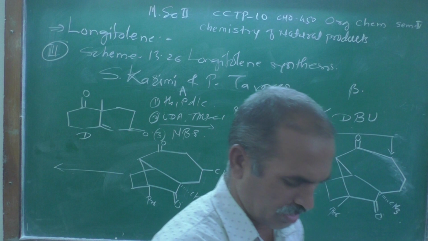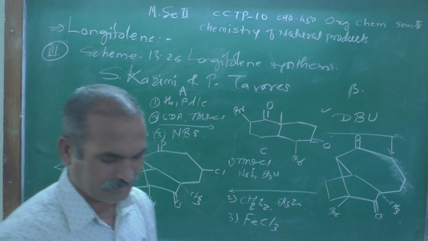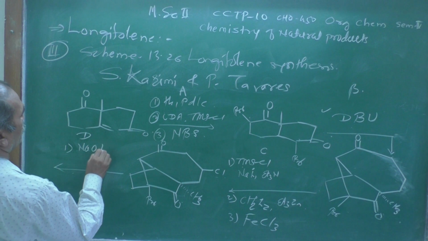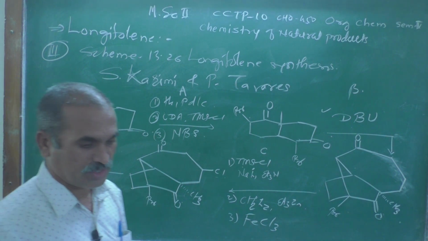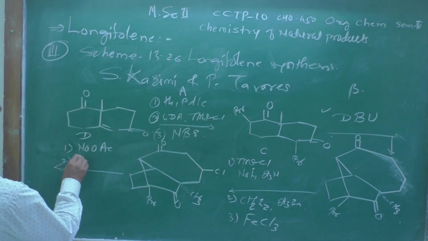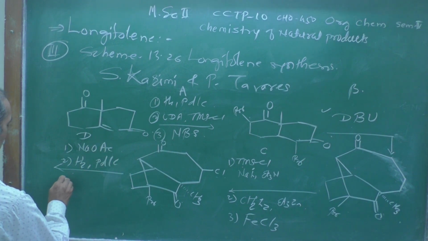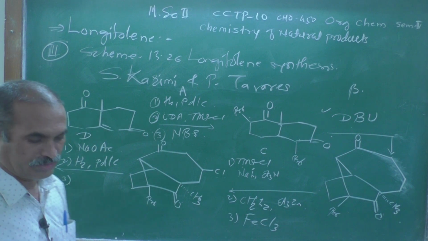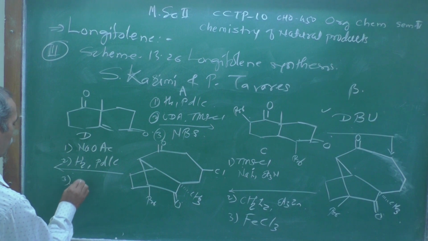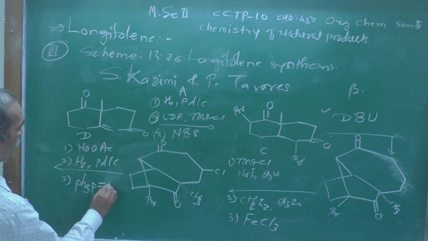Remember, the first reagent added is sodium acetate, NaOAc, where Ac means acetyl group. The second reagent is H2 hydrogenation with palladium on charcoal, and the third reagent is the Wittig reagent, Ph3P double bond CH2.